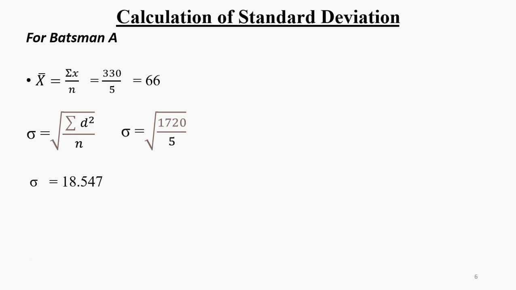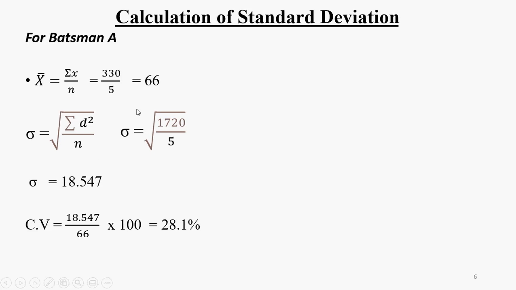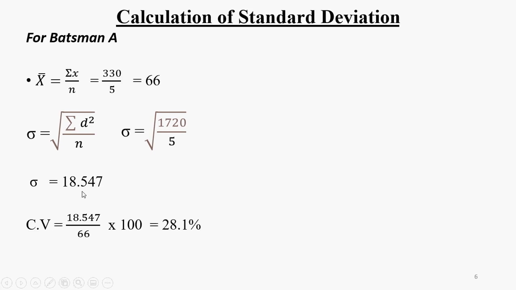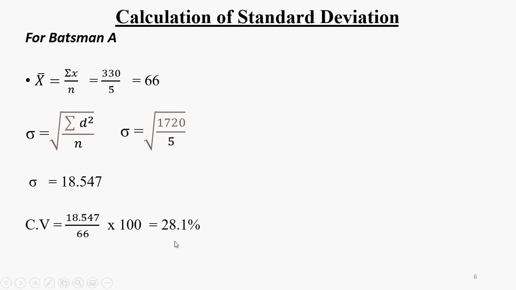Then if we calculate the square root, the value of standard deviation will be 18.547. Same way, we need to calculate coefficient of variation. So coefficient of variation is standard deviation divided by mean. See, here we have the standard deviation, mean is 66. Okay, so if you multiply by 100, it is 28.1%.